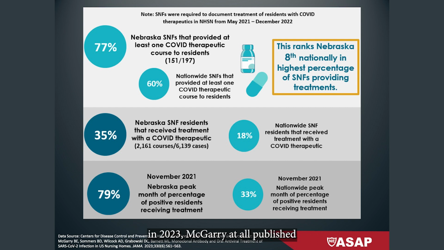In 2023, McGarry et al. published some nationwide stats on how therapeutics were used in long-term care from May 2021 to December 2022. So when we had a pretty high burden of disease, only 60% of skilled nursing facilities in our entire country gave a therapeutic to a resident ever.